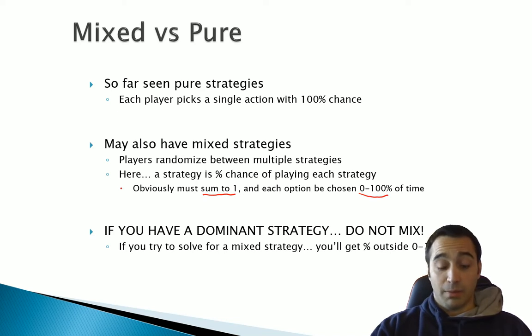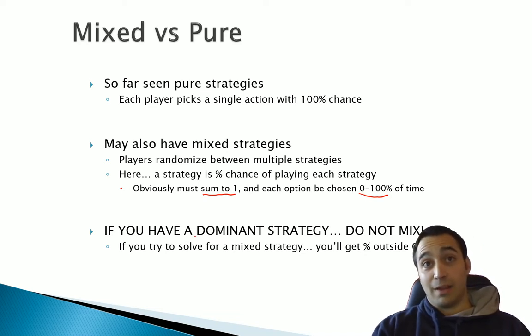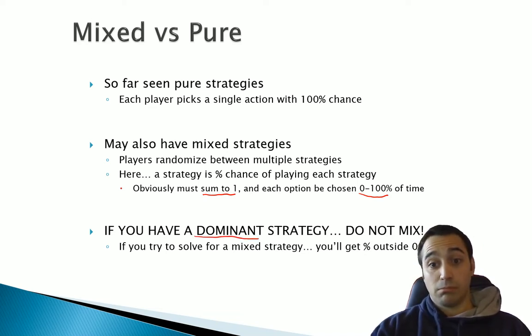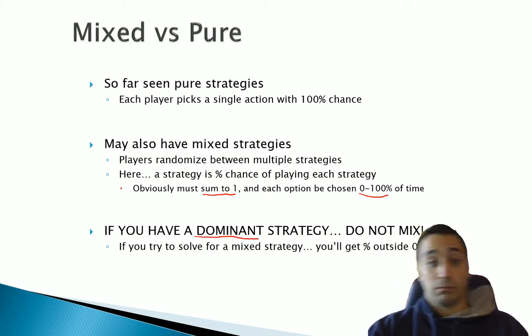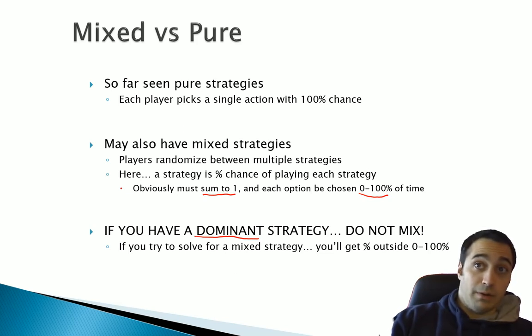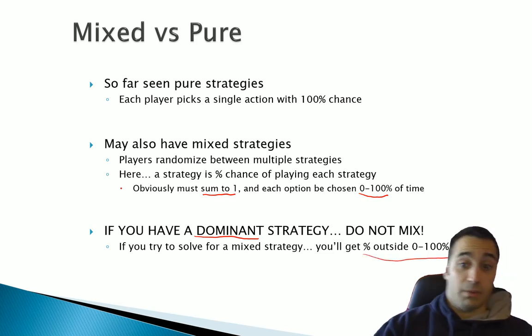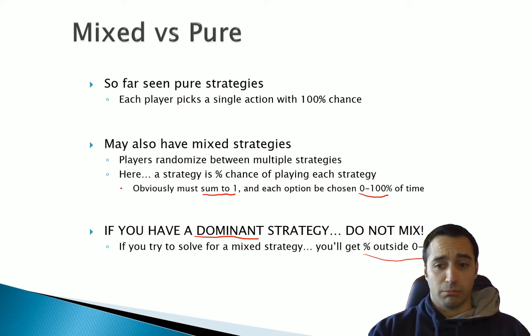So you can't say I'm going to play rock 150% of the time. Doesn't make any sense. Also note, if you ever are playing a game and there's a dominant strategy, don't mix. If you mix and you have a dominant strategy, when you solve it, you'll find probabilities outside the 0 to 100%, which doesn't make any sense. Don't do that.